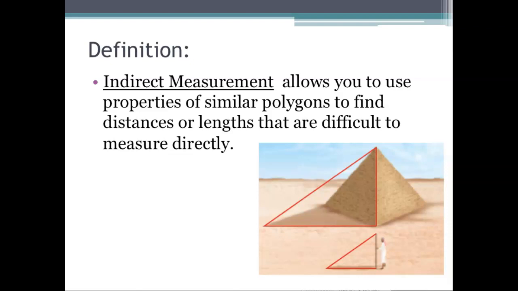He's a well-known mathematician from a long time ago. And you can relate Thales' shadow with the pyramid's shadow, and those are definitely things you can measure or have someone else measure. And because you can measure Thales' height, you can determine the pyramid's height by using this proportion. Let's take a look at an example together.